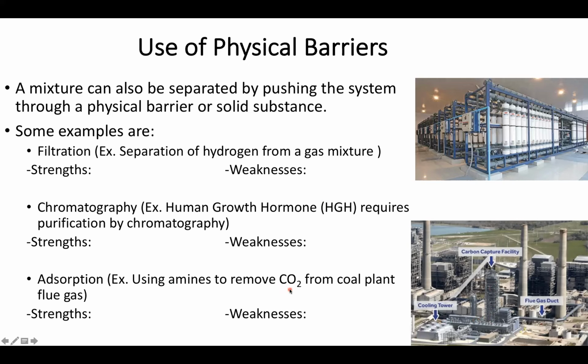It's really good for compounds like CO2 that are a minority component of a product, because despite what you think, CO2 is a minority component of most flue gas because most of it is N2. But the biggest weakness is I need to be able to remove the CO2 back off of the amines. And this is actually true in most adsorption cases.